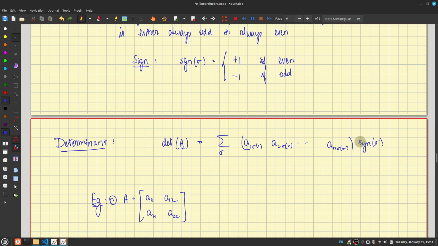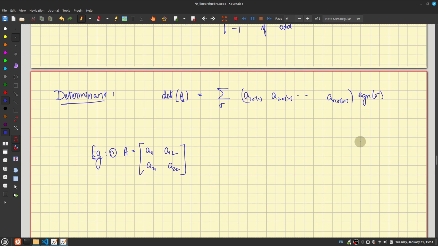So let's see some specific examples. Let's take a simple 2 by 2 matrix. So you have 1 comma 2. How many possible permutations can you make out of 1, 2? Two different permutations. One is the identity permutation, 1 comma 2 gets mapped to 1 comma 2. The other is this particular permutation.